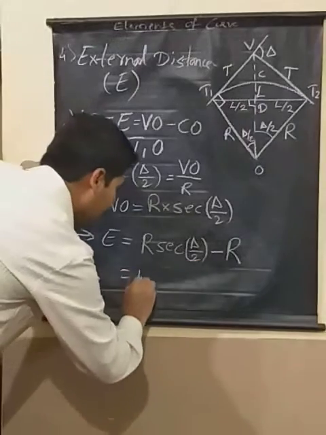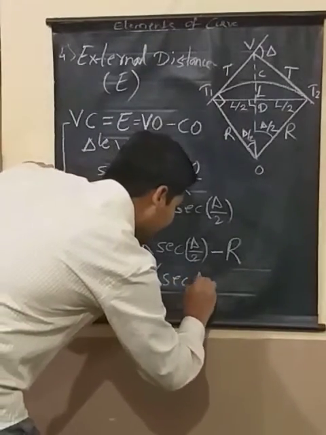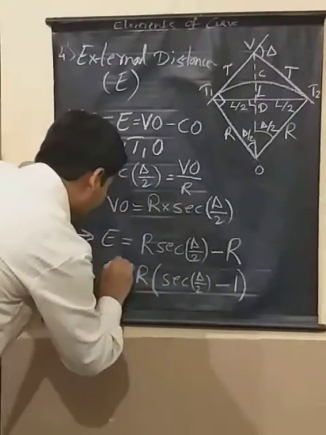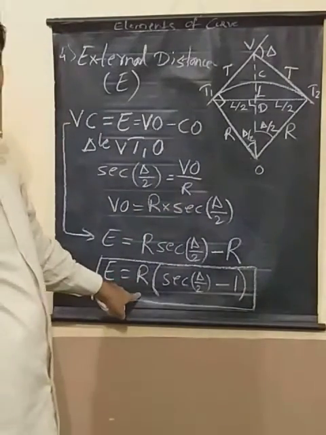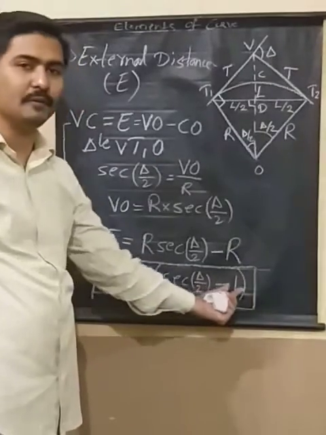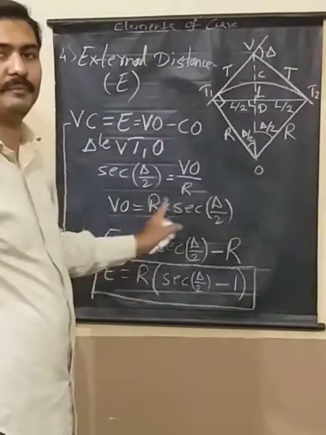So take out R common from this, so you will remain with secant delta by 2 minus 1. So this is the formula for finding the external distance: R into secant delta by 2 minus 1, right? So this is one more expression.